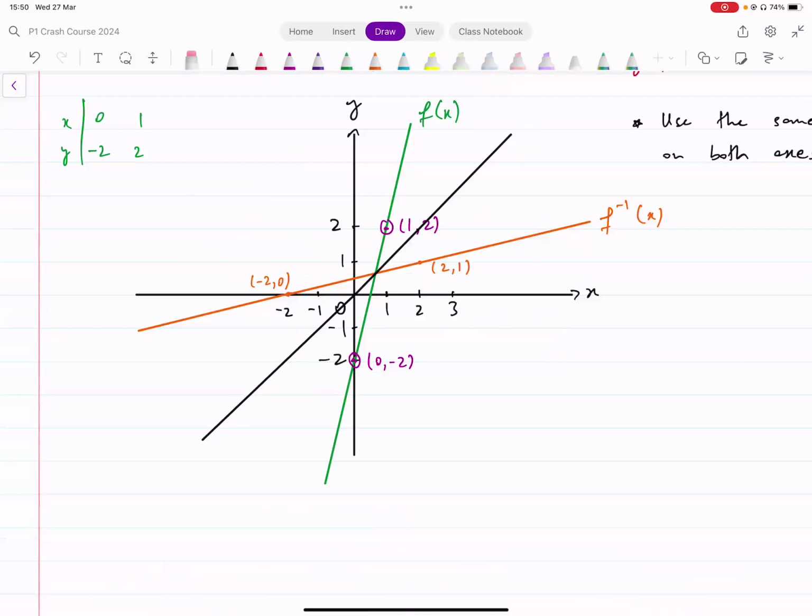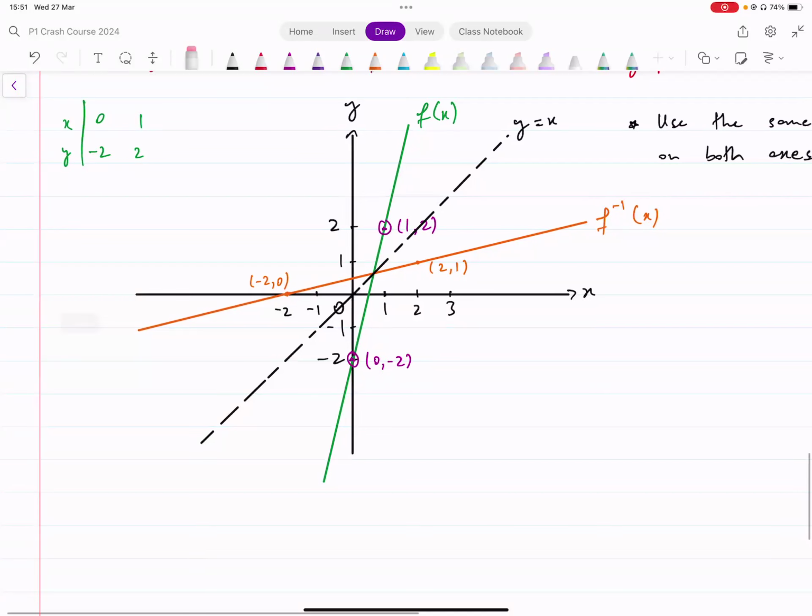So if I were to draw this line here, y equals x, these two graphs are reflections of each other in this line. So whenever you draw the graph of a function and its inverse, you would draw this y equals x line as well to show that f of x and f inverse of x are a reflection of each other in this line.